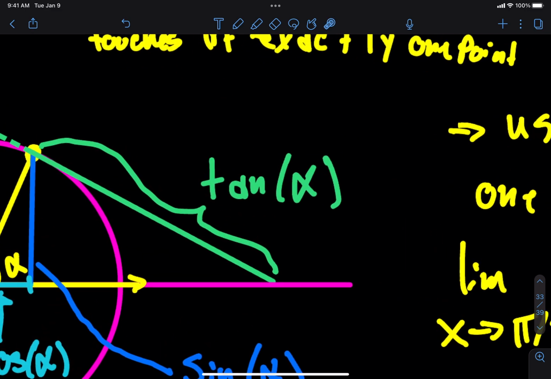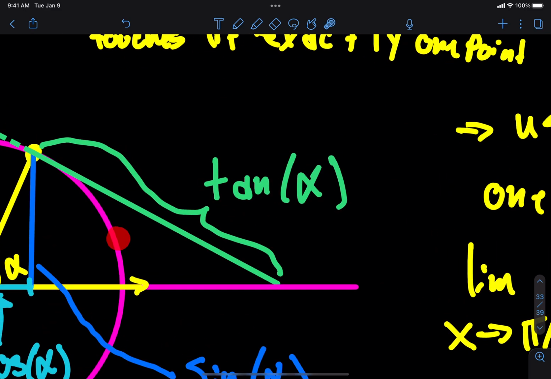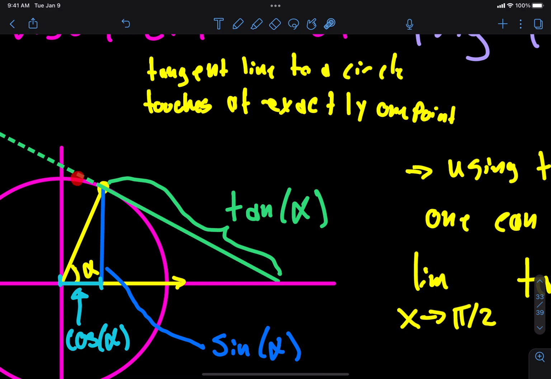Why? Because I'm looking at the length of this segment. It's nice and short, right? And then we move up, and it gets a little bit longer. And then we move up, and it gets a little bit longer. And what's going to happen to the length of this line segment when I'm very close here? It's going to have a super short slope, and it's going to go really, really far before it touches the x-axis. So we're measuring how far until I touch the x-axis.